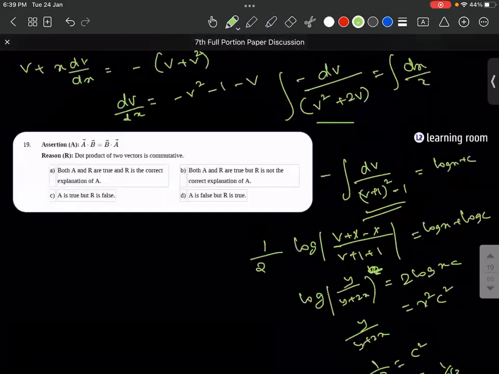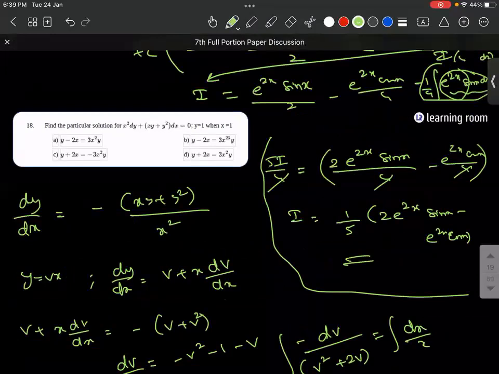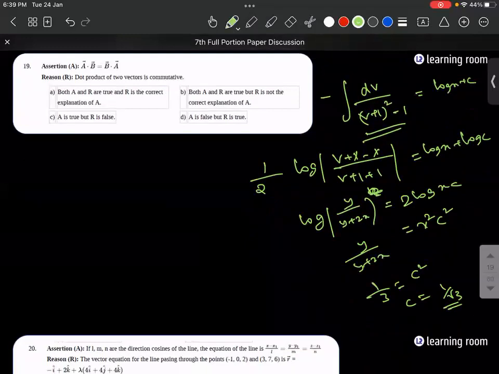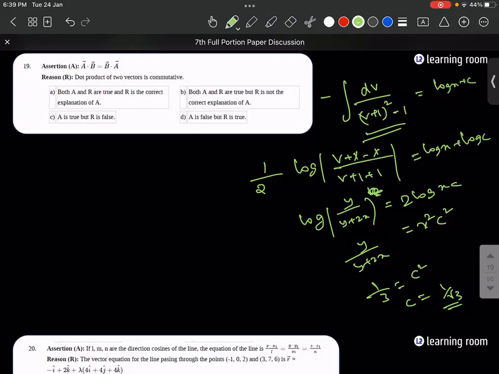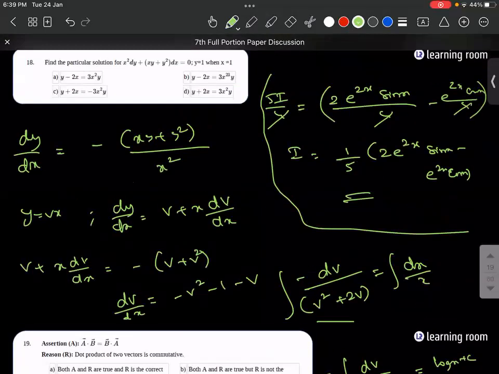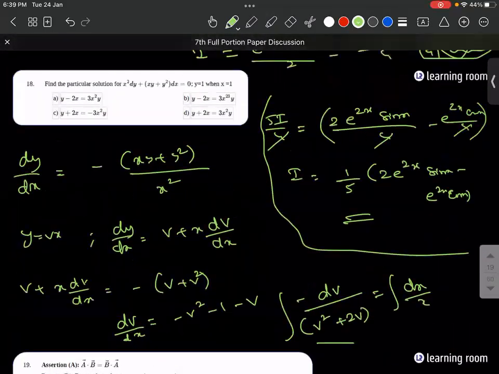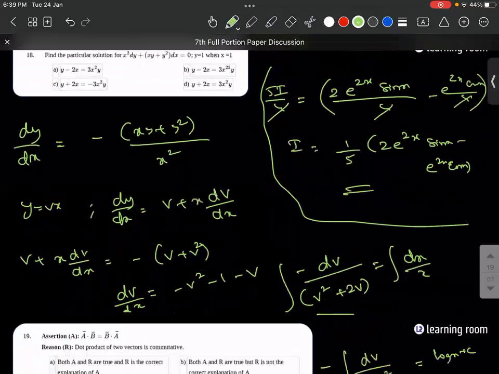But here, is there root 3 anywhere? I think there is a mistake. Did anyone get the answer? Did any one of you get the answer? No, sir. Till this step I did, but I didn't get it.